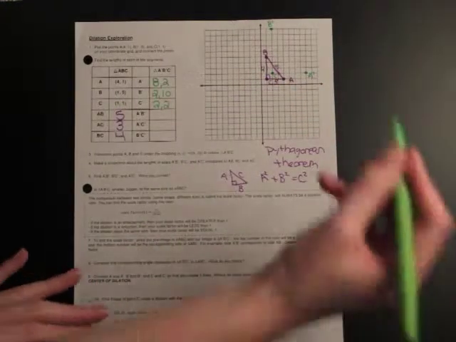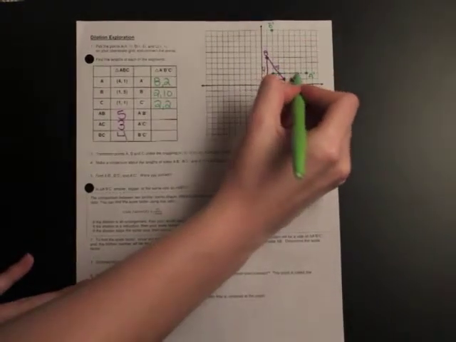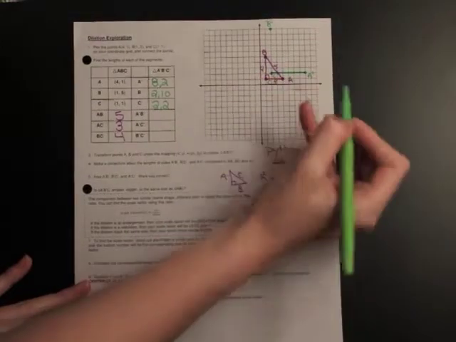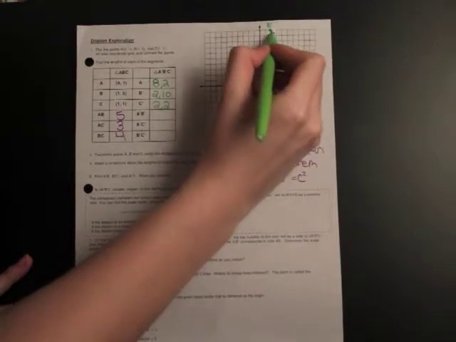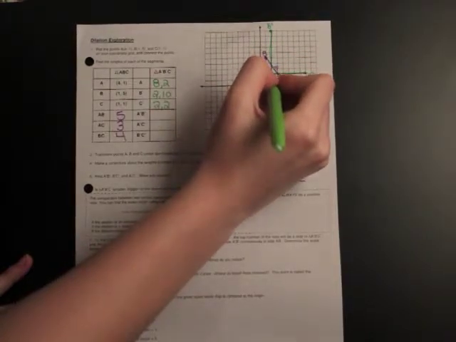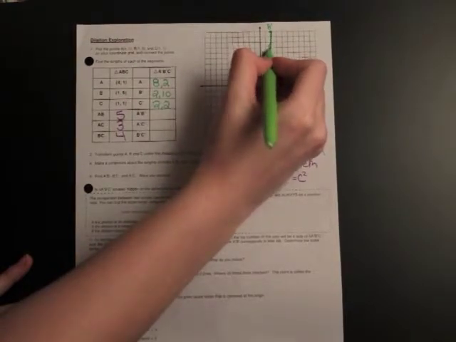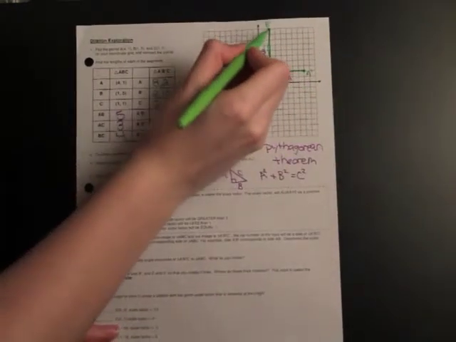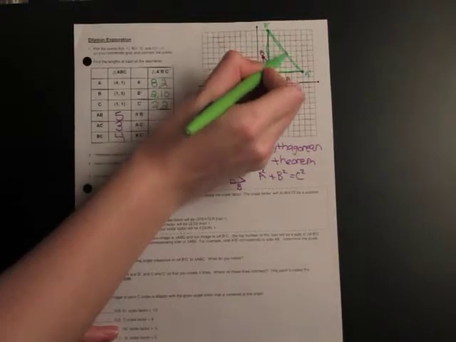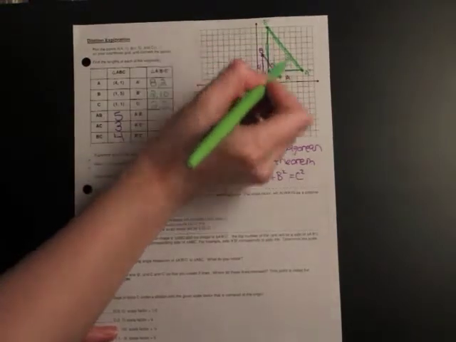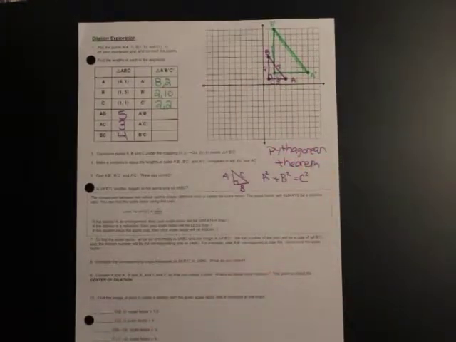Okay? We're going to connect all of these dots there. And then B to A. Alright, so there's our triangle.